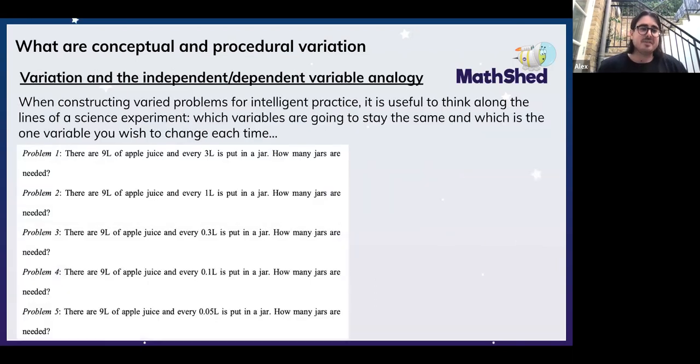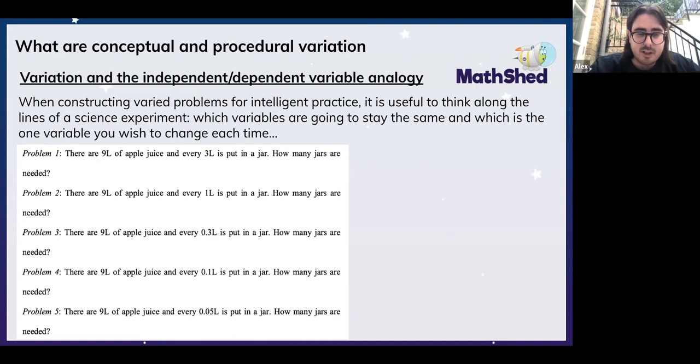Now, finally, this refers back to what I said earlier in the webinar about using the independent dependent variable analogy from science. So here we can see a lot stays the same.